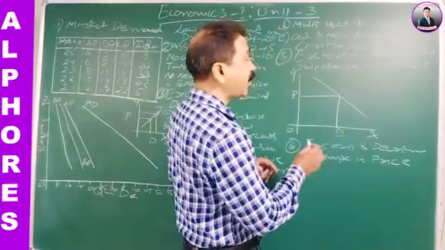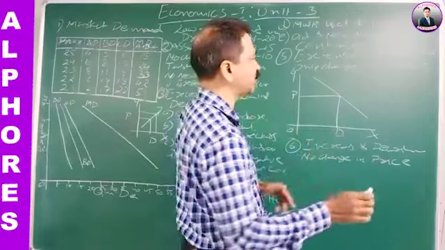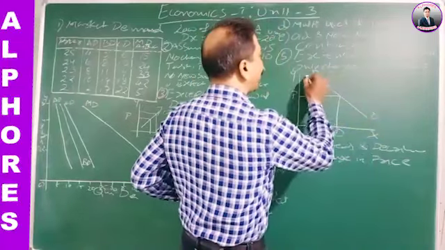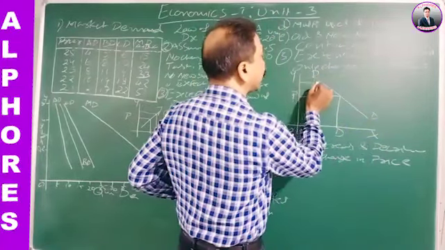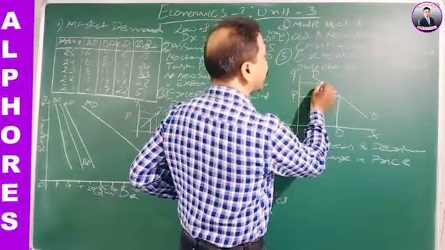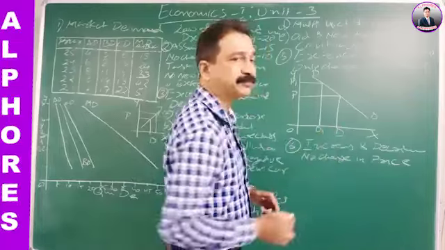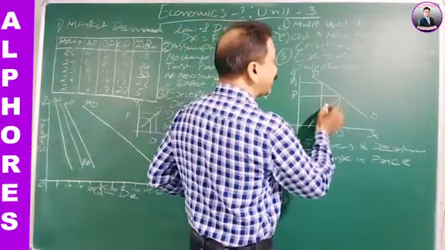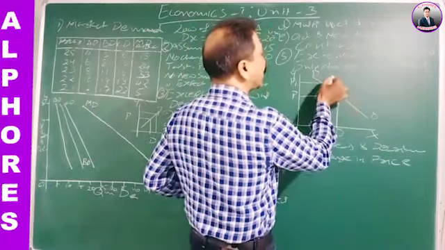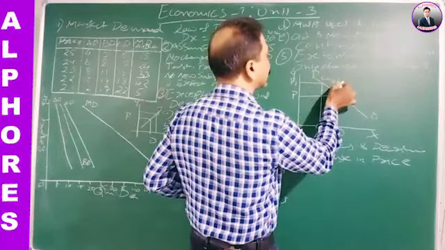Income, substitution, complementaries, everything is constant. This is the demand curve, but price increased, demand decreased. Price increased to P1, demand decreased to D1. This decreasing of demand is called contraction.